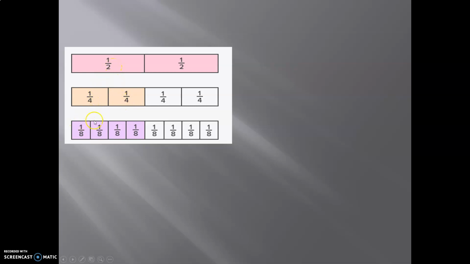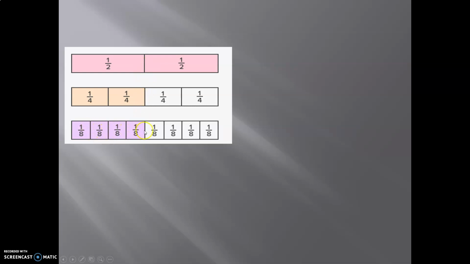Now let's see our third bar. The same bar, but I cut it into how many equal parts? Do you want to count or just look to the denominator? Yes, the denominator is showing 8. It means the total number of the parts is 8. But how many parts equal this half? Take a look. 1, 2, 3, 4.